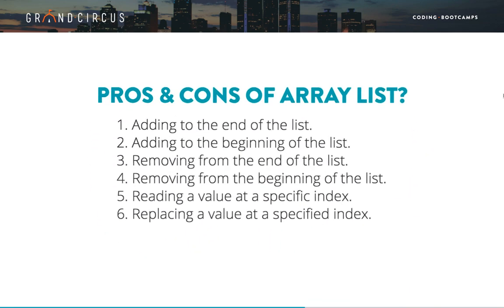So what are the pros and cons of this data structure? Take a moment to think about which of these operations are simple and efficient, or less efficient when using an array-based list. Pause the video if you want more time.